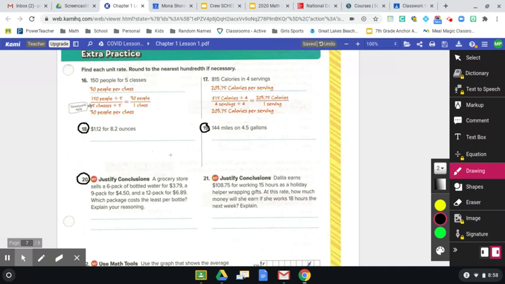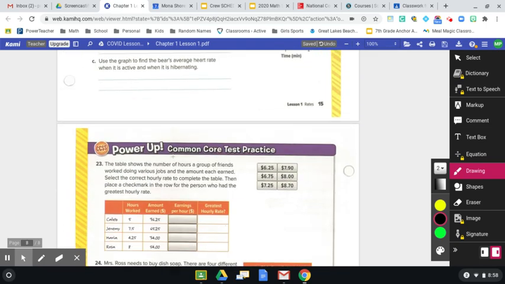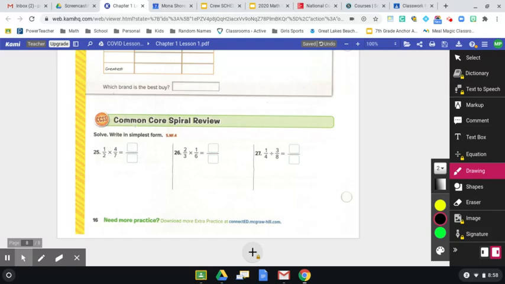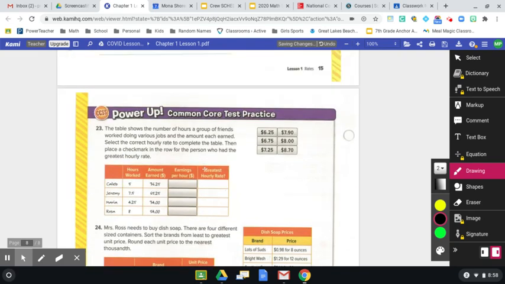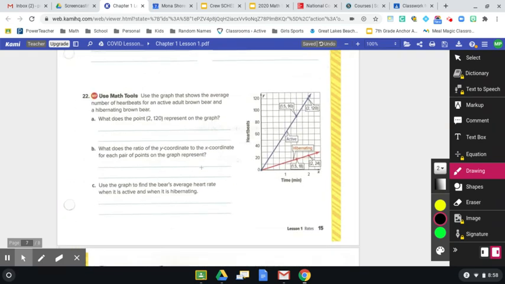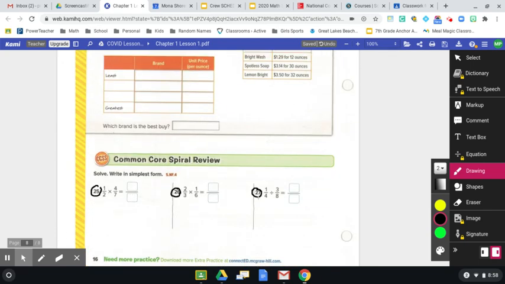And then once you do 18, 19, and 20, you're going to go to the next page and it'll say Common Core Spiral Review. You'll see 25, 26, 27, just to review some fractions. So once again, extra practice. You're going to work now 18, 19, 20. And that Common Core Spiral Review 25, 26, 27.